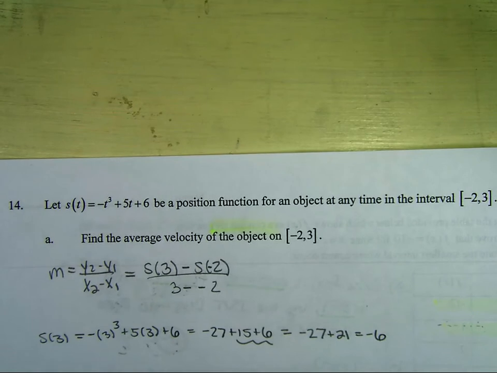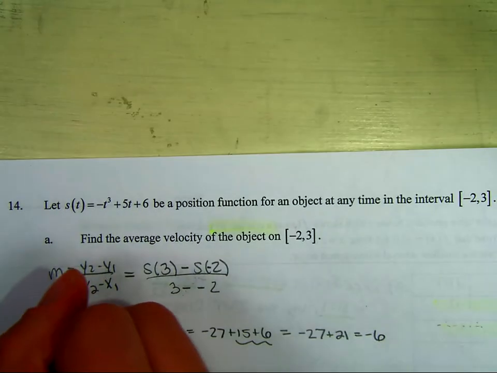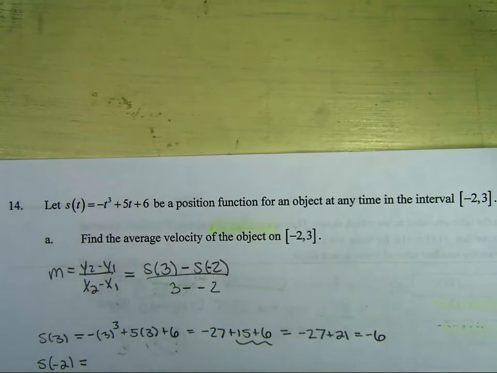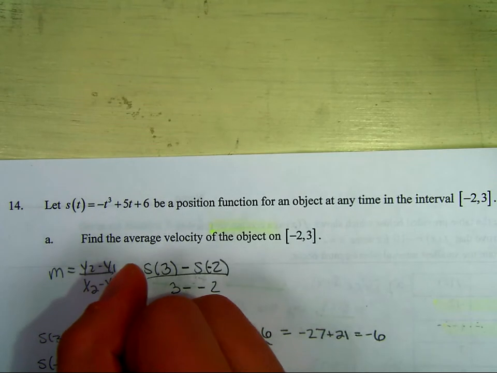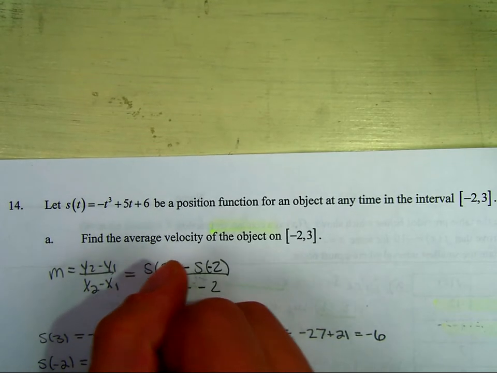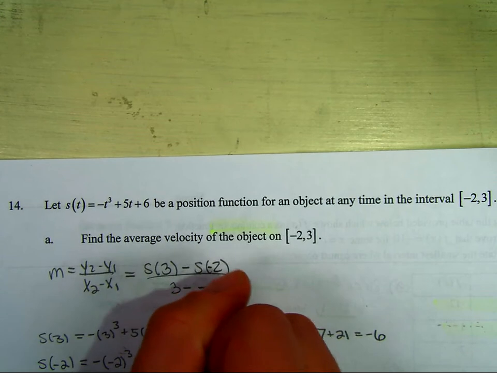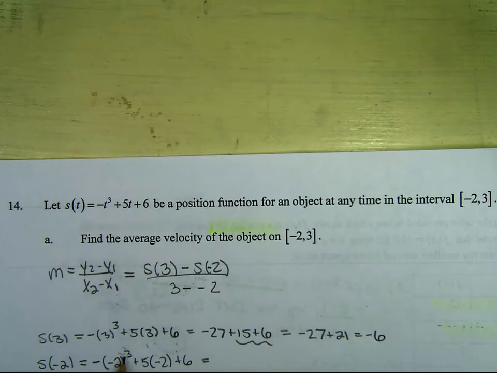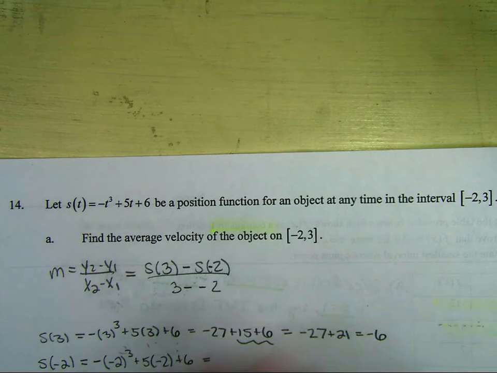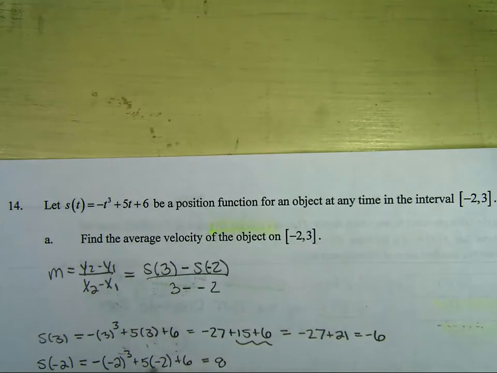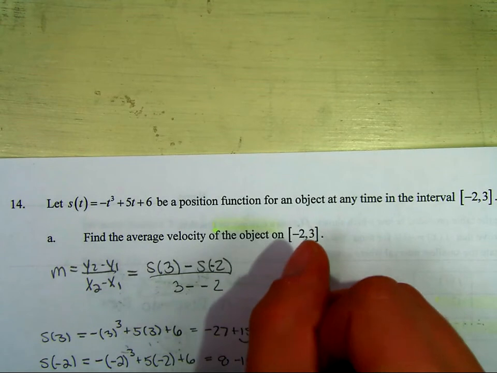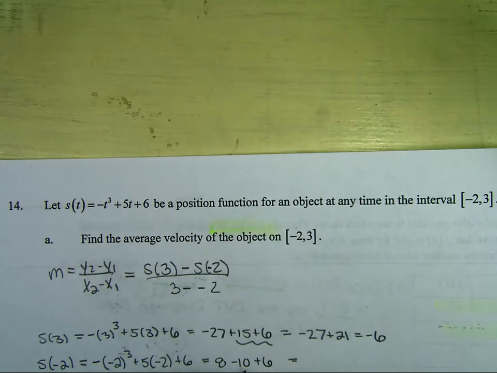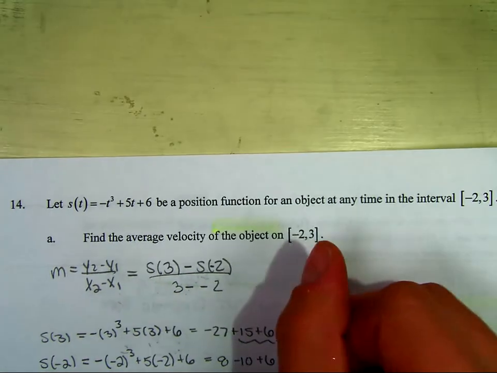Then we also have to find S of negative 2. If we plug that in, negative negative 2 to the third power plus 5 times negative 2 plus 6. Negative 2 to the third is negative 8, times a negative is positive 8. This gets you negative 10 plus 6. 8 minus 10 is negative 2, and negative 2 plus 6 is 4.